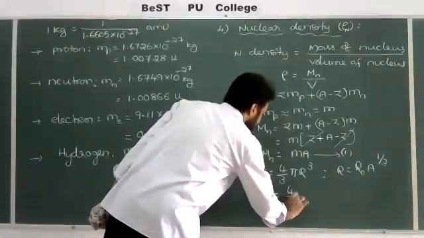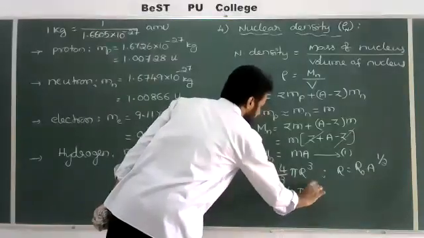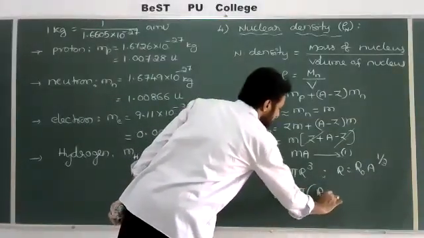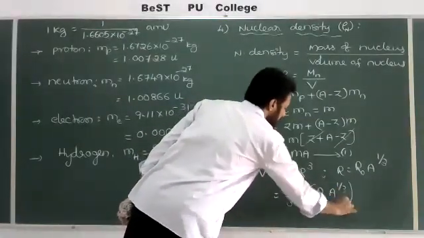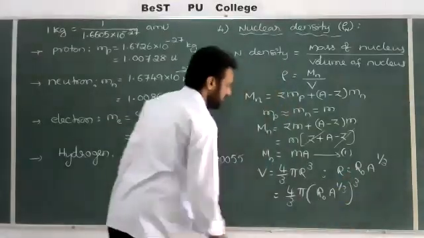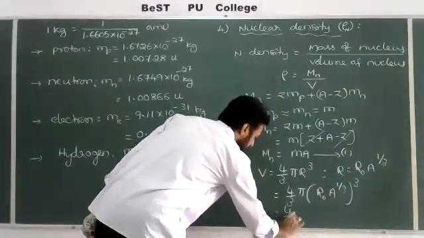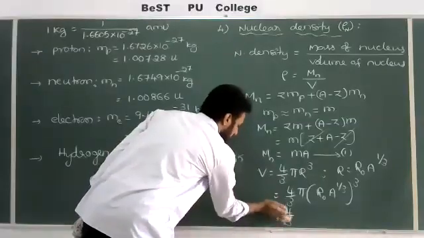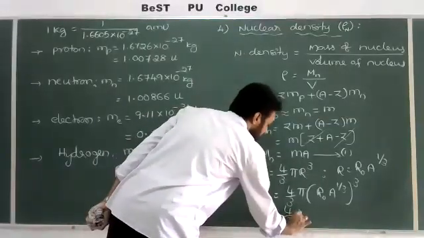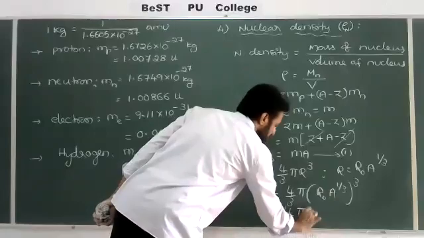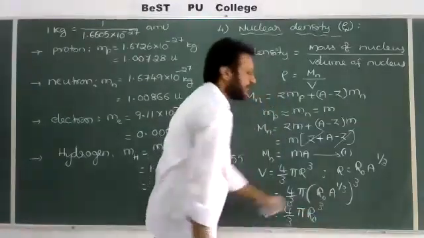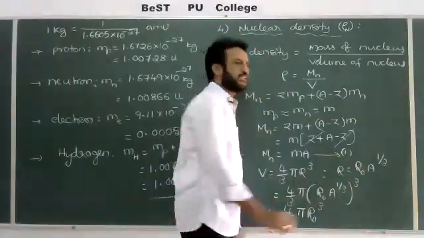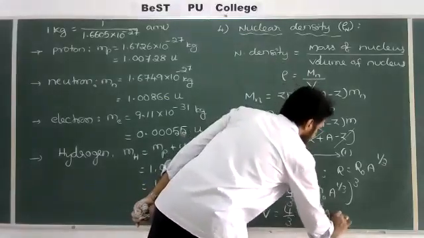That is equal to 4 by 3 into pi into (r naught into A power 1 by 3) whole cube. So volume of the nucleus V is equal to 4 by 3 pi into r naught whole cube. Here A power 1 by 3 whole cube means the 3s get cancelled. Only A you should write. So it is equation 2.